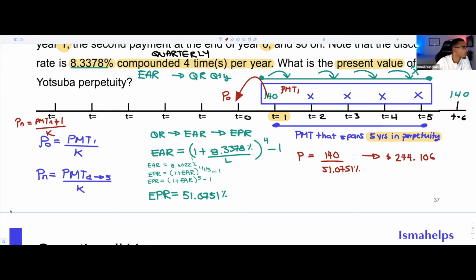We understand that. However, that's for payments that span only 1 year. What happens when we have payments that span 5 years? In those cases, we need to go back the total amount of years that were grouped.